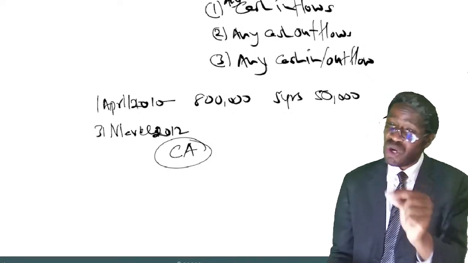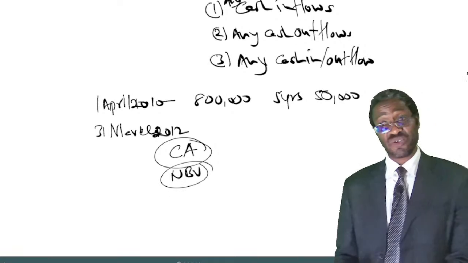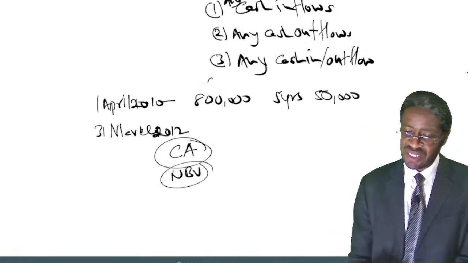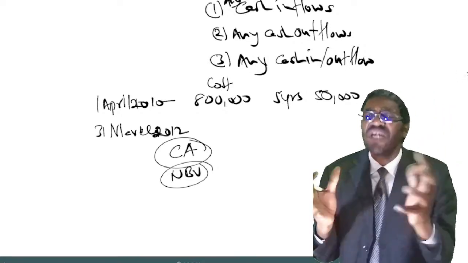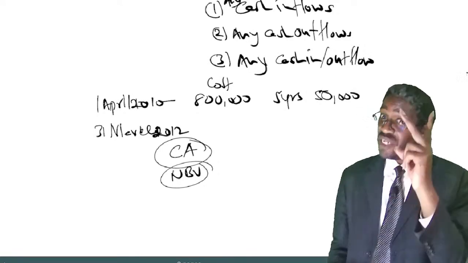So the examiner wanted you to determine the net book value as at 31st of March. Meaning, take the cost of the asset, which is 800, less the accumulated depreciation of that plant. For how many years? 2 years.